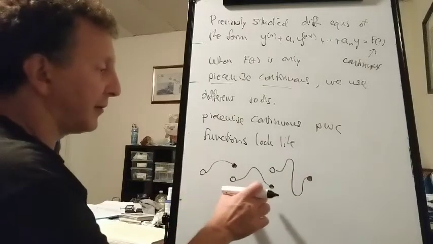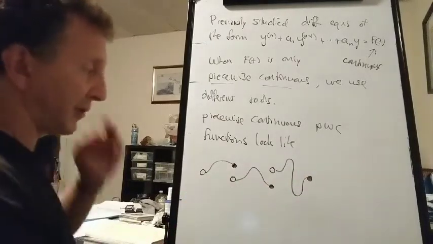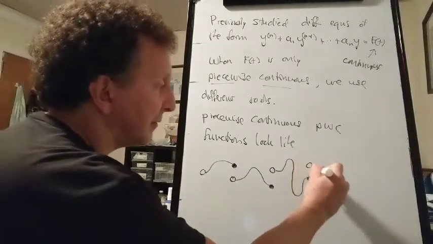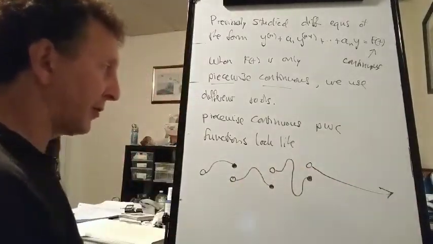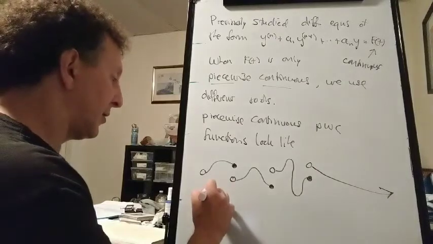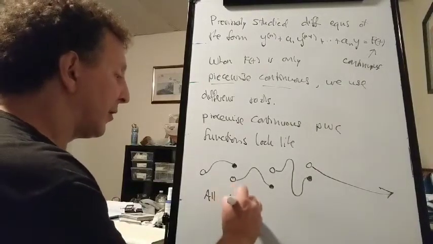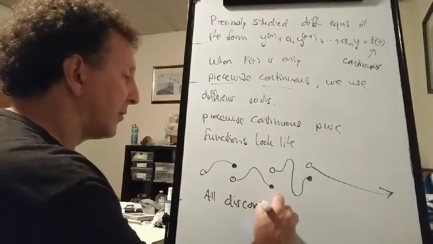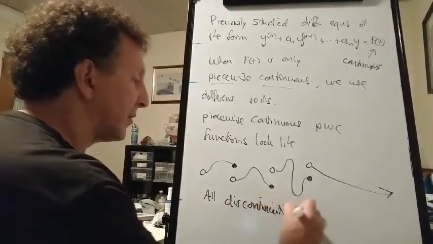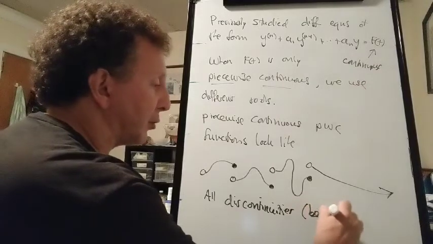So for every interval we've got a continuous function, and maybe there are some infinite intervals. Now, all the discontinuities are finite. They all happen between the intervals.